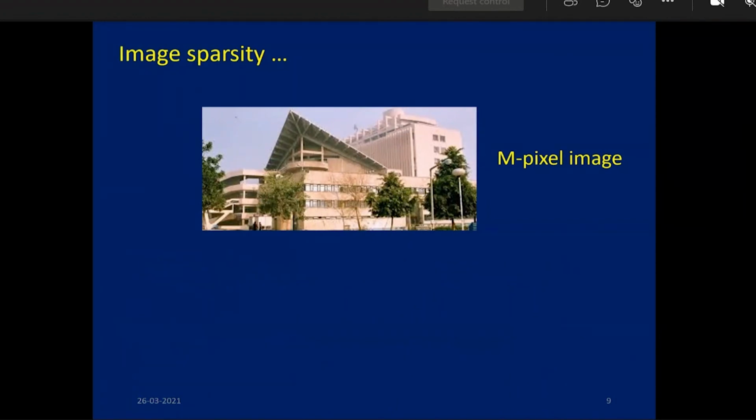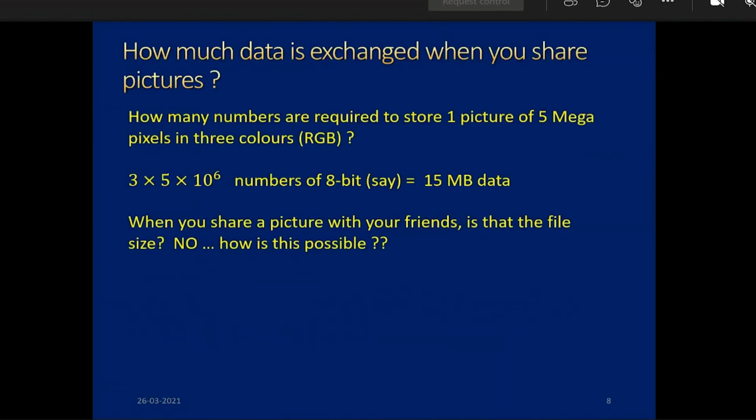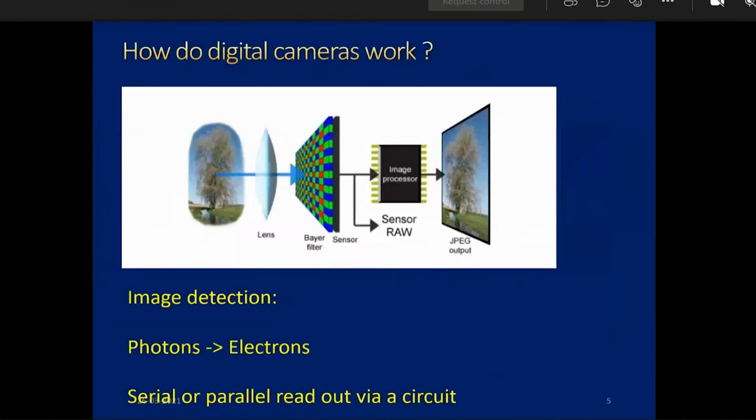What do I mean by that? If we go back to the camera that I showed in the beginning, if I wanted an n-pixel image, I actually measured n times, because there are n pixels that form the image. So the same number of measurements were done as the number of pixels.